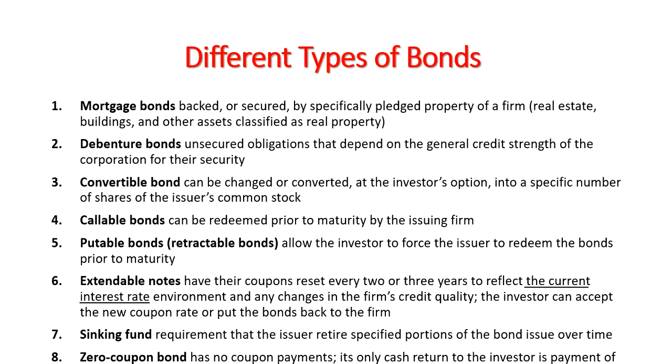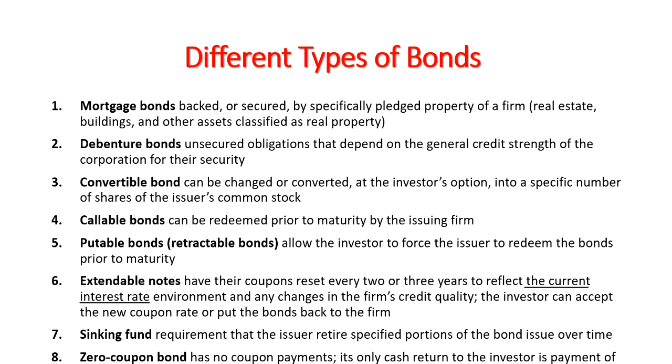Mortgage bonds are backed or secured by a property. So when the borrower borrows funds, they put a house, a building, a land, a piece of property as collateral that they will pay this money back.